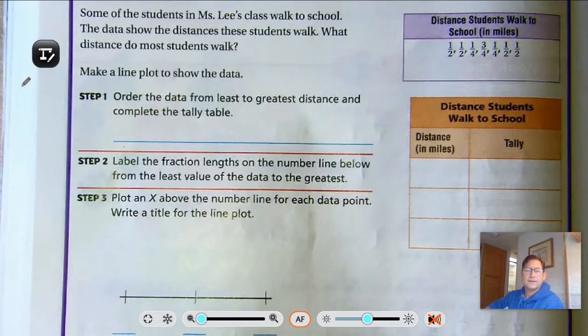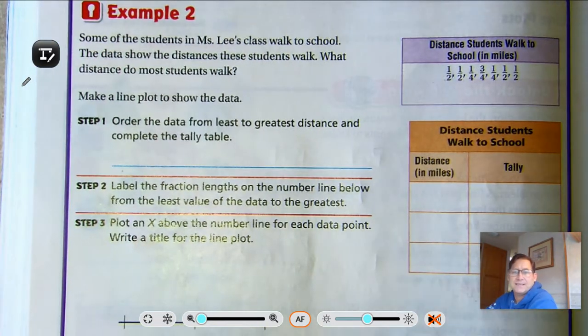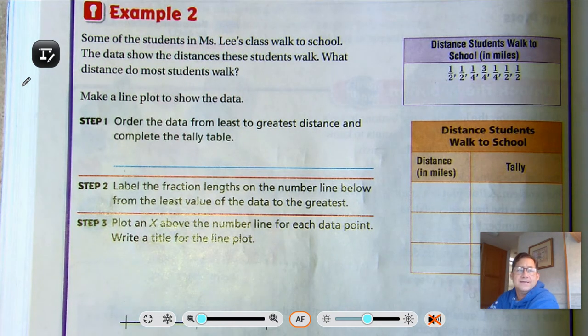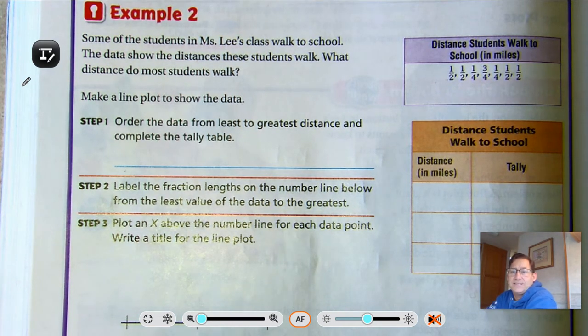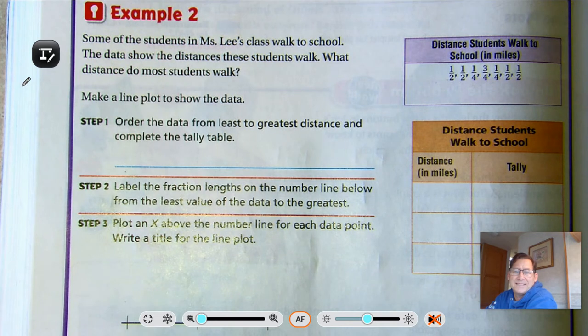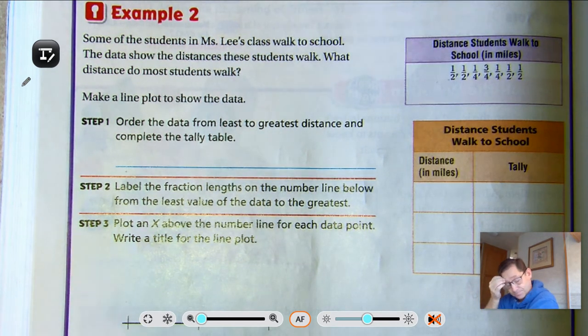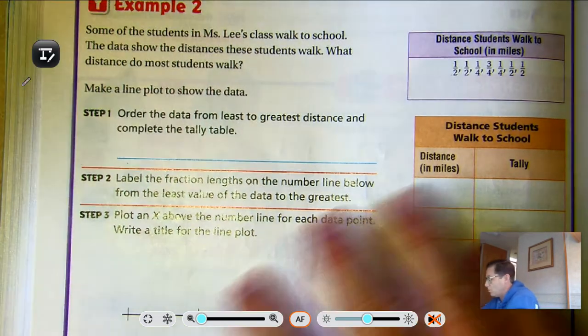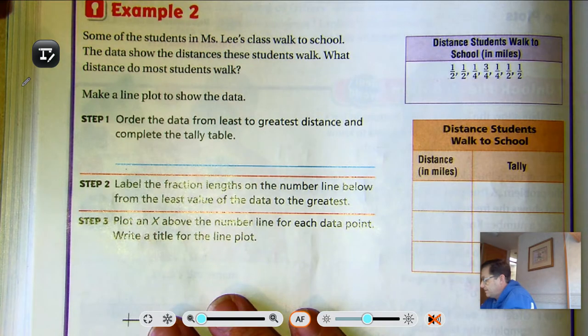Example 2. All right, so some of the students in Miss Lee's class walk to school. The data shows the distances these students walk. What distance do most students walk? Okay, again, we're going to make a line plot. First, we're going to put the fractions in order from least to greatest.